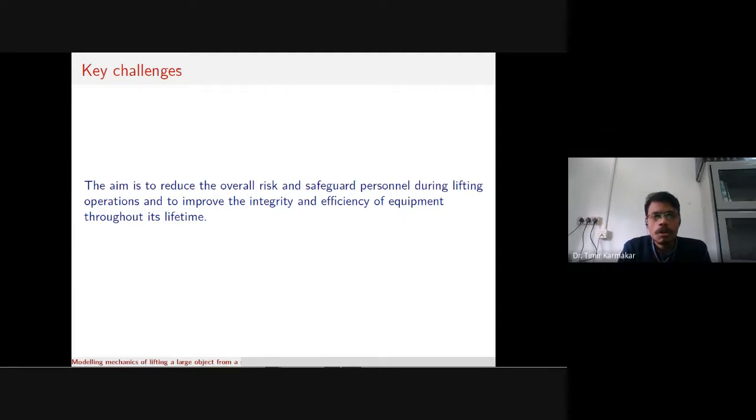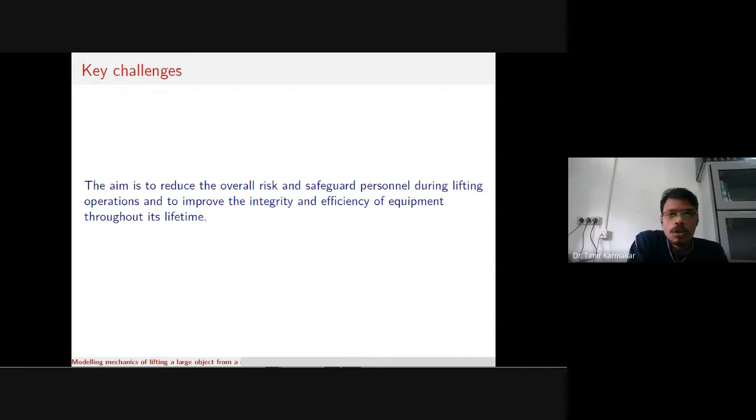If we can get an a priori idea about the breakout force and breakout time, then we can arrange the equipment or the personnel accordingly, so that we can remove the object.